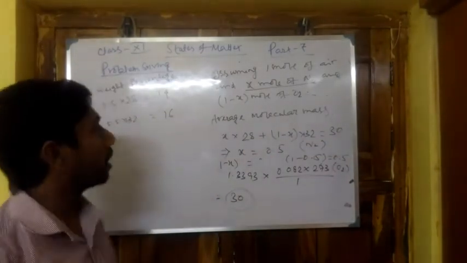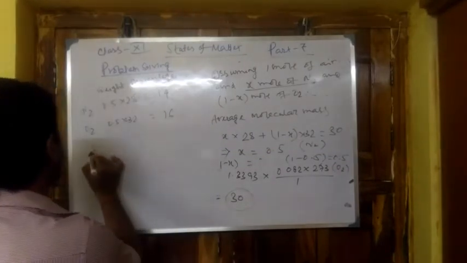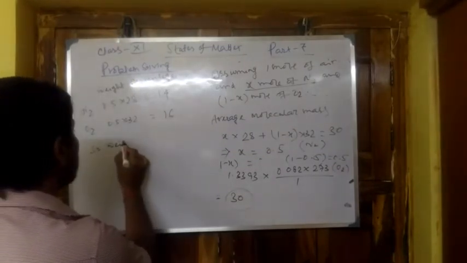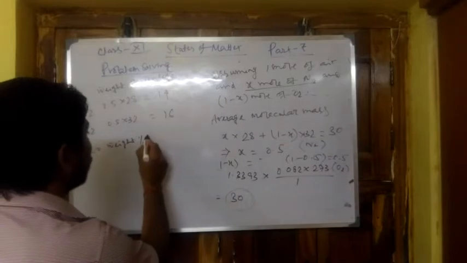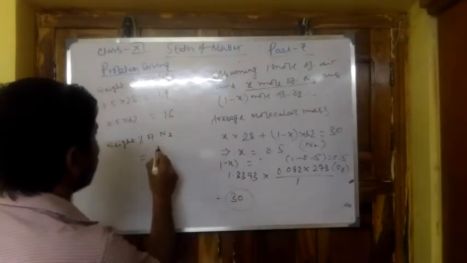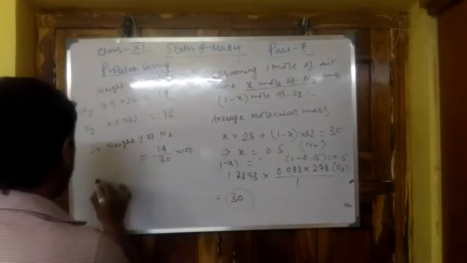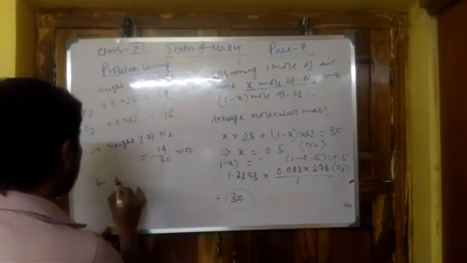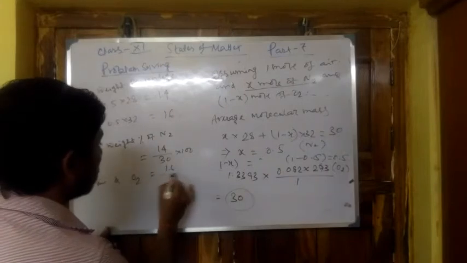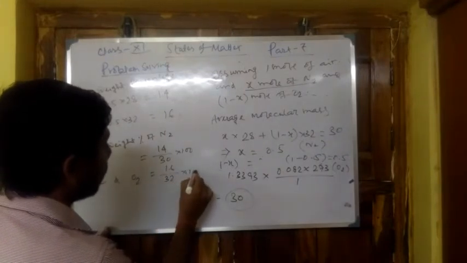Now as we have to calculate the weight percentage of N2, that is 14 divided by 30 into 100, and oxygen, that is 16 divided by 30 into 100.